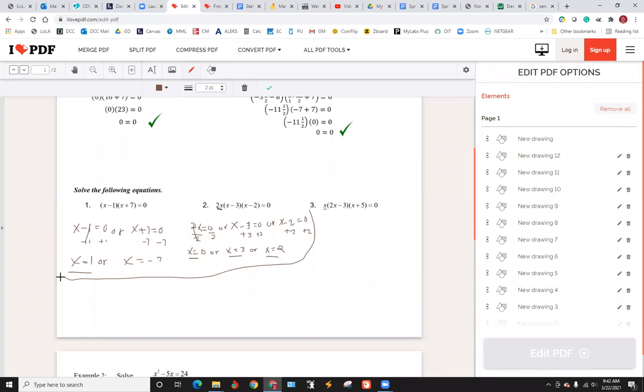We probably need a little extra room there. So set all three equal to 0. Well, let's see.